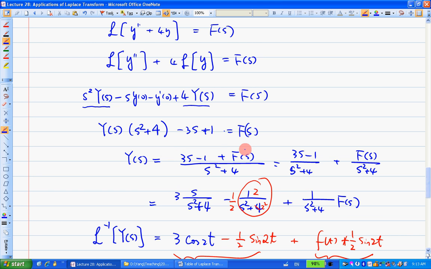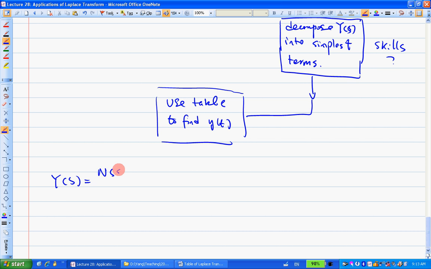But this Y of s will always take the form of a fraction, a numerator function of s over a denominator function of s. One piece of information we're going to need is this: when you set D of s equal to 0, we're trying to solve for the s that satisfy D of s equal to 0. So we're going to need that information.